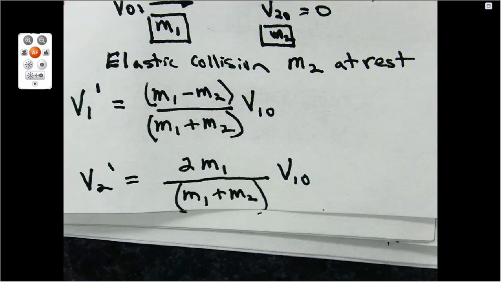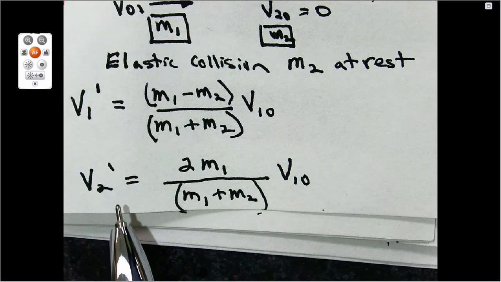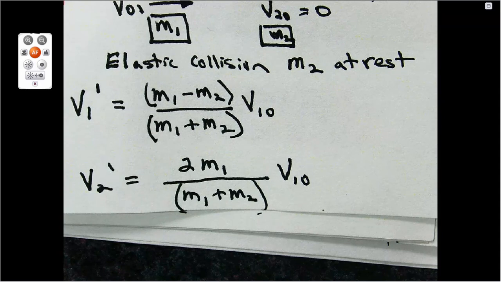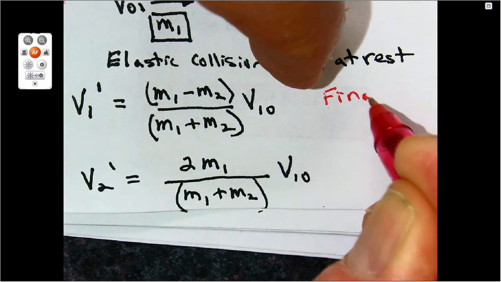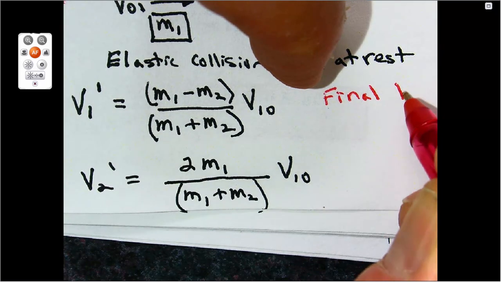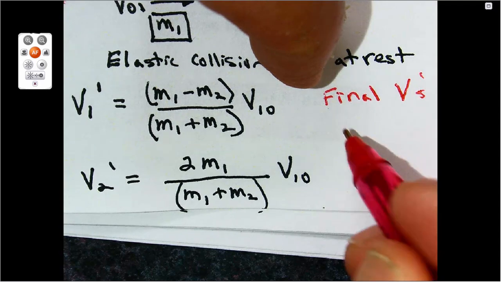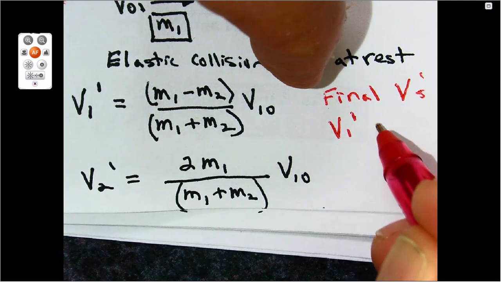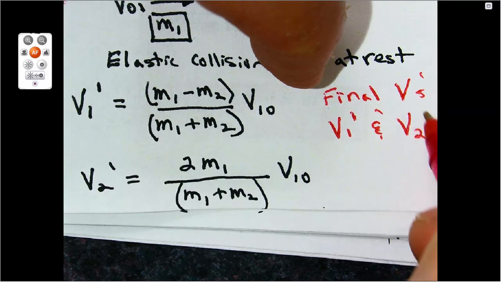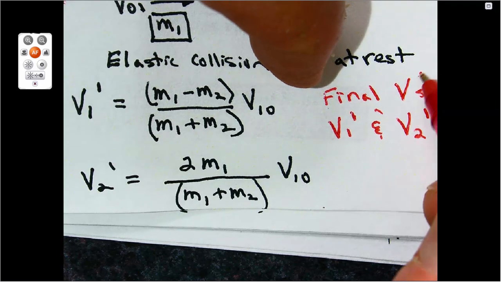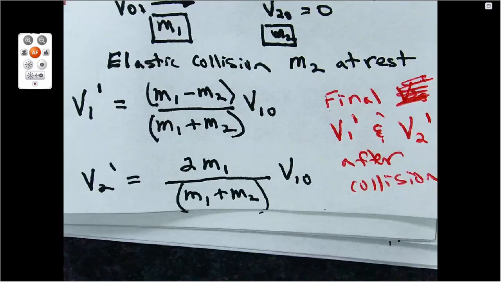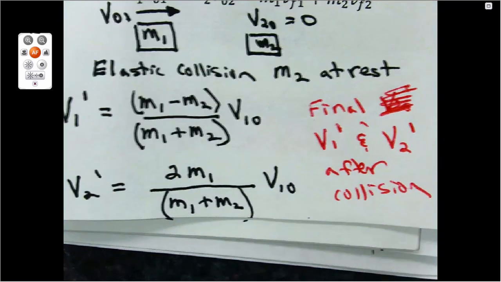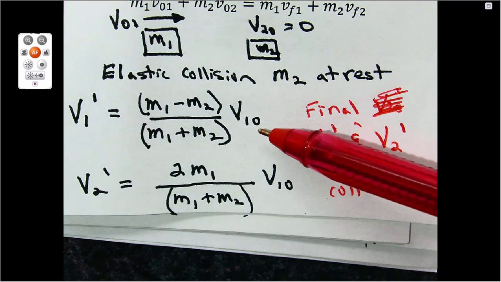That's going to be our final velocities, right? After collision. We'll put it like that. How's that? Those will give us our final velocities, all dependent upon what V1 initial is, correct?